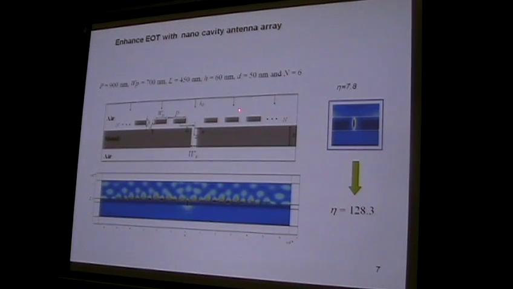We synthesize these gold nanorods chemically in our lab, and it's good. Then you just put these gold nanorods on top, so you can avoid using clean room fabrication technology, instead of etching them.